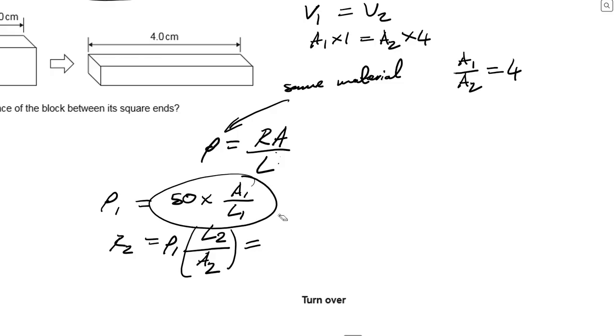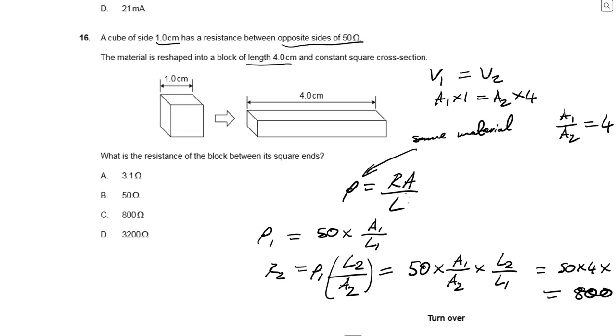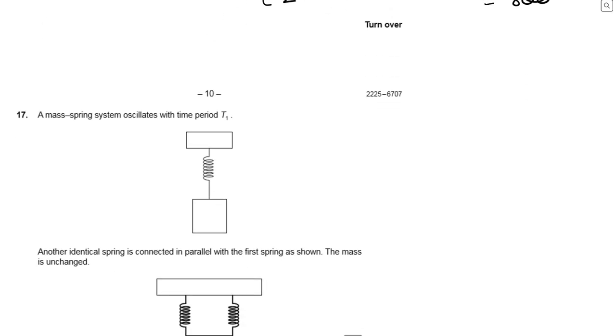And resistivity 1 is this, so that is 50. This is quite a complex question actually, if you do not think deeply enough. L2 over L1, and that is a 4, right? 50 times 4 times L2 over L1. L2 is 4, L1 is 1, so that's 4, and that is 200 times 4, 800. Okay, glad I realized this shape is different, which it should be. Yeah, so our answer is C.